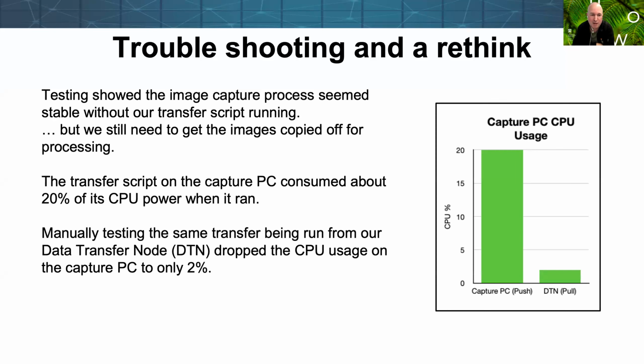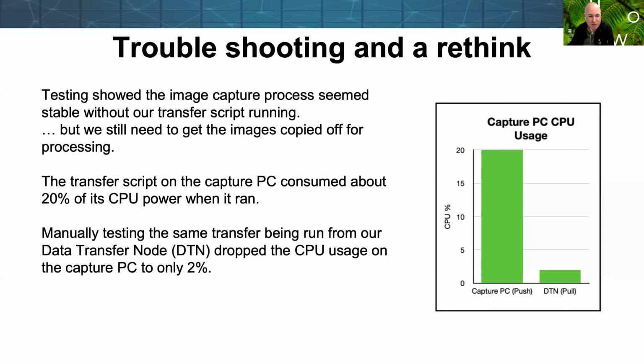So when we were looking at things, when that transfer script ran, it used up about 20% of the CPU, just doing all the calculations of which files to ignore and which files to transfer. And that seemed to be what was causing the stability issues. So we manually ran a test using another machine to run the transfer, rather than having the capture PC push the data to the file server.